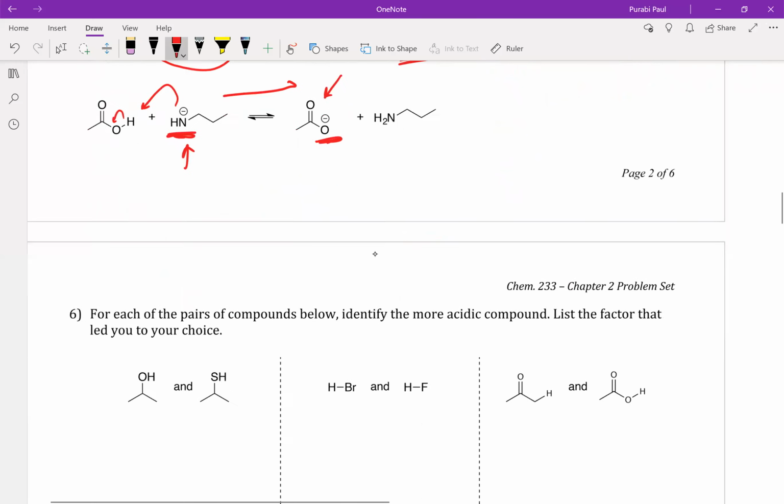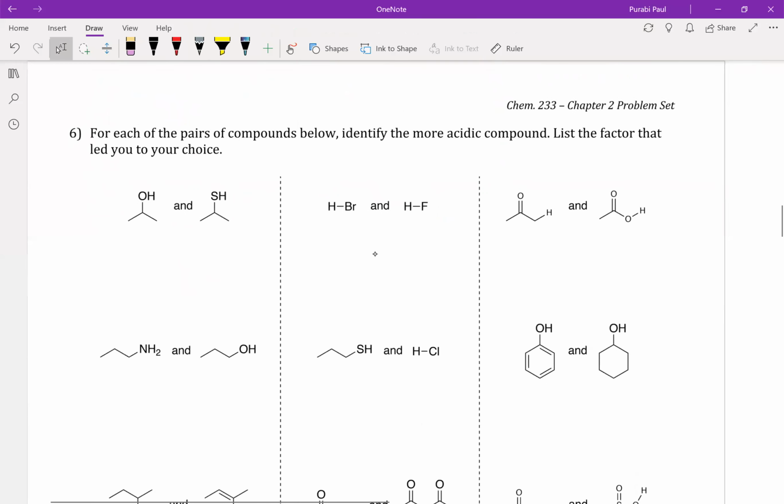So let's go ahead and continue that for 6. The first question on 6, OH versus SH, alcohol or thiol, which one is more stable? For this one, you're looking at atom effect. Again, you always compare the conjugate bases, which conjugate base is more stable.